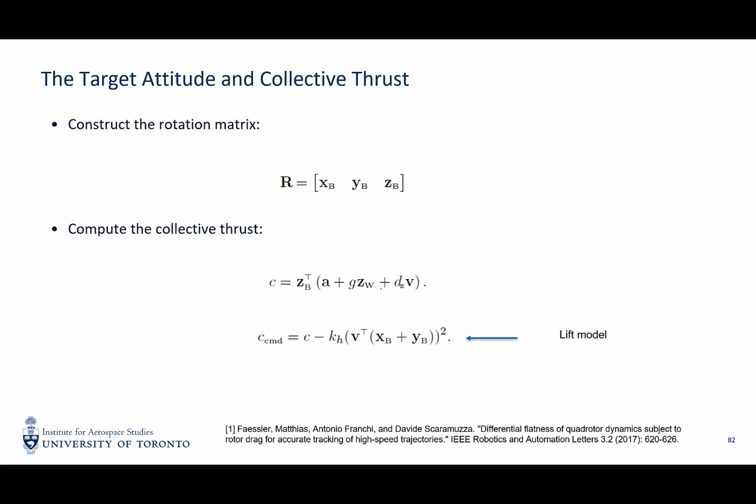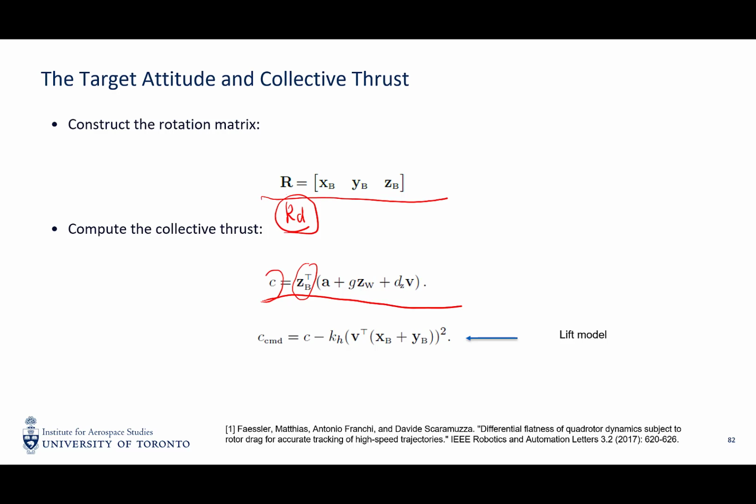So recall that for a rotation matrix, if we find the basis vectors expressed in the inertial frame, we can just construct the rotation matrix by stacking the basis vectors. So this is our RD, our target attitude of the quadrotor. And also, if we multiply zb transpose on both sides, we can get the desired lift on the quadrotor.